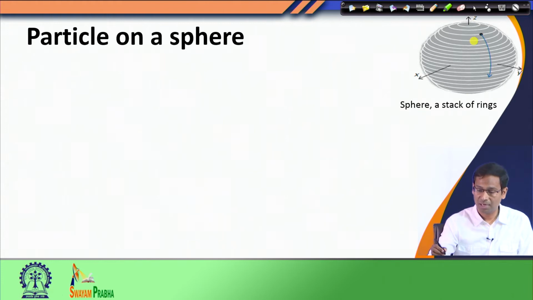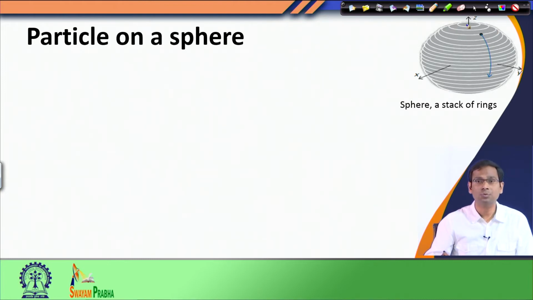While the particle is in a ring, the particle's movement was restricted to one xy plane, where the z axis was non-operational, because for a fixed value of z, the particle was moving around the xy plane in a circular path. But in the particle in a sphere problem, not only can the particle go around the xy plane, it can also move from one ring to another ring.